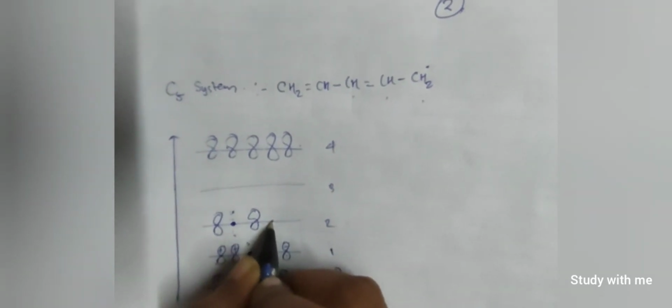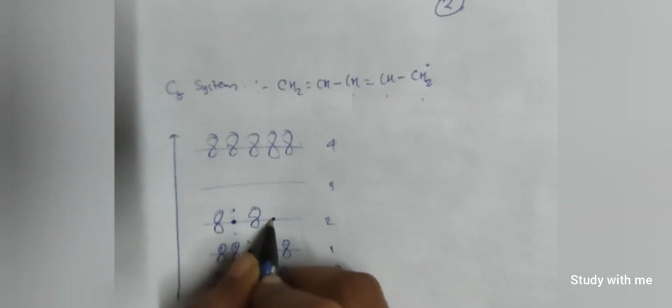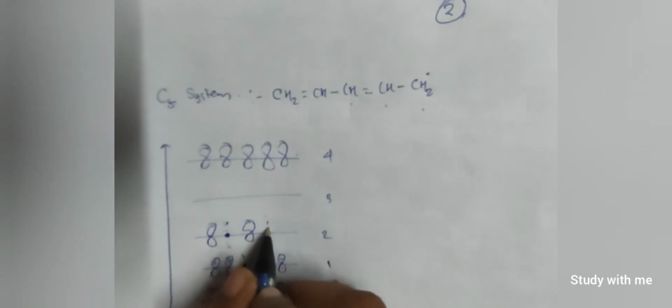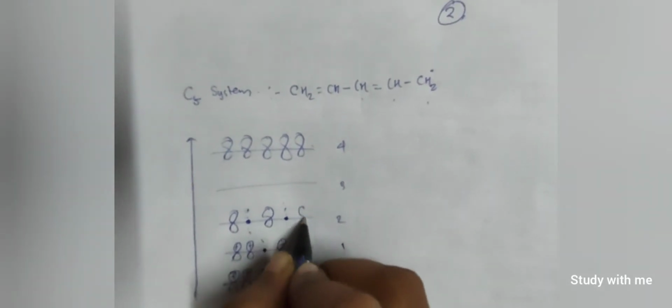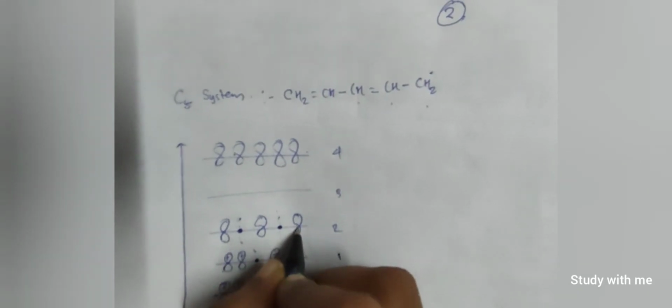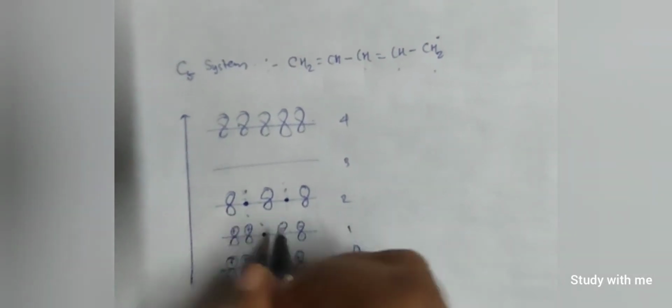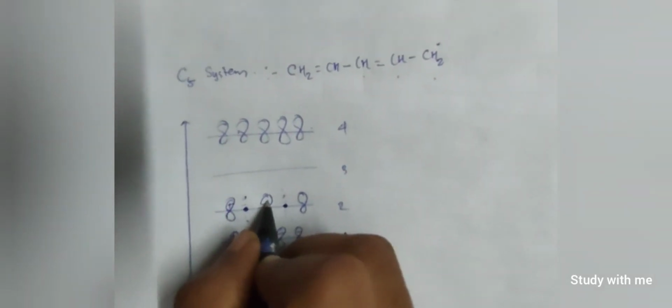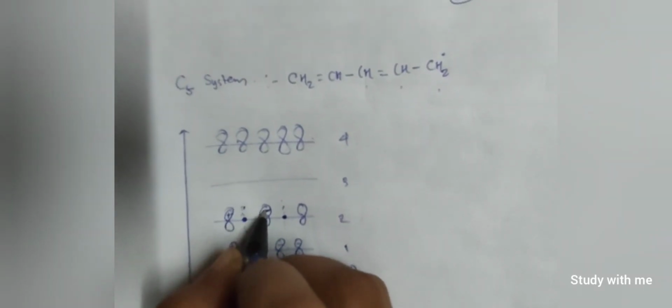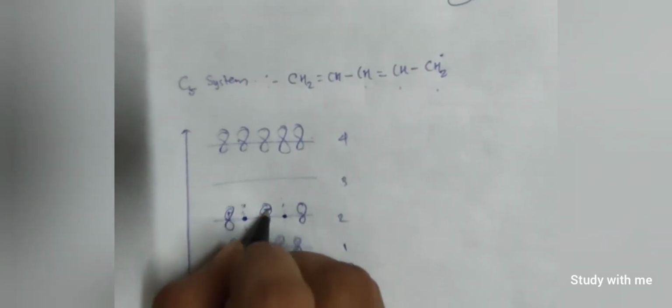Then I draw the third one, then I draw another node here instead of the fourth one, and next I draw the fifth one here. I put the positive sign for the first one, and here there will be a negative sign because it has a node here. So this will be positive, then this negative, then this positive.